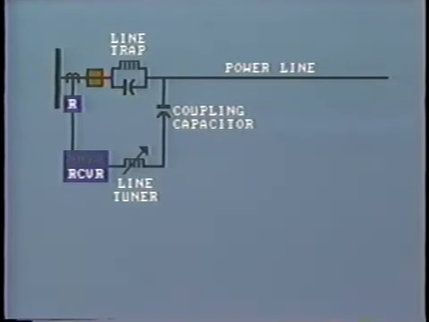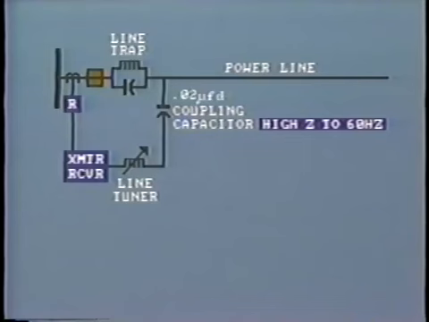say, 120 volts. The value of the capacitor is selected so as to provide high impedance to the 60 hertz line current. For example, let's say the capacitor has a capacitance of 0.02 microfarads, that is 0.02 farads divided by 1,000,000, or 10 to the 6th.